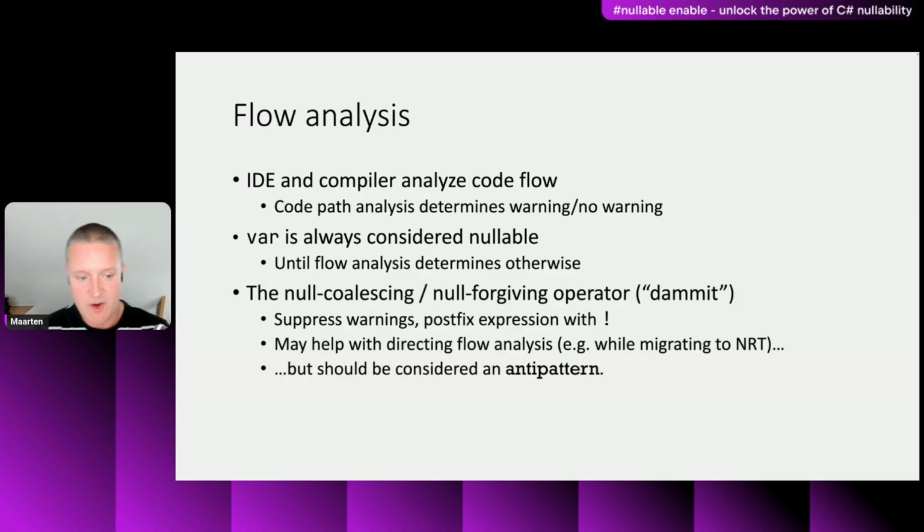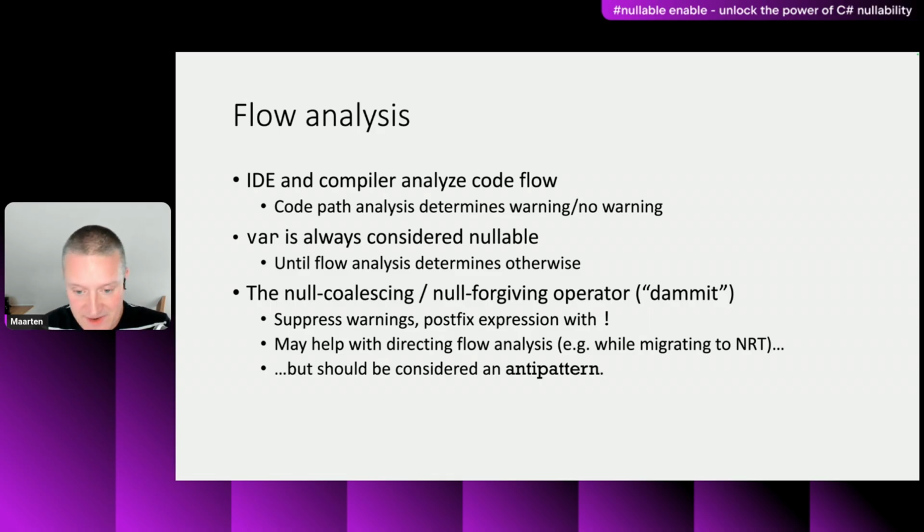The null forgiving operator, this exclamation mark that I added there, or the dammit operator from the talk title, is used to suppress warnings. So if you don't want to have a nullability warning and you just want to say, okay, null is fine here, I know what I'm doing, you can actually say, look, compiler, look, IDE, I know better. I will steer you into not giving any warnings and so on.